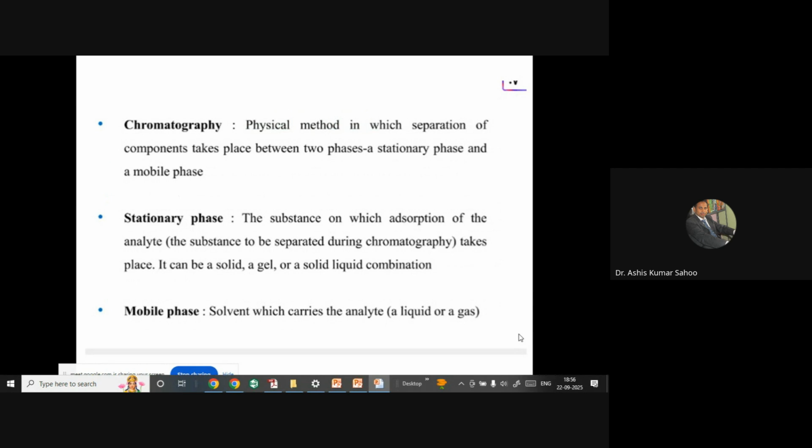The stationary phase is the substance on which adsorption of the analyte takes place during separation. It can be a solid, a gel, or a solid-liquid combination. The mobile phase is the solvent which carries the analyte. So there are two phases, stationary and mobile, and the mobile phase is always a solvent.